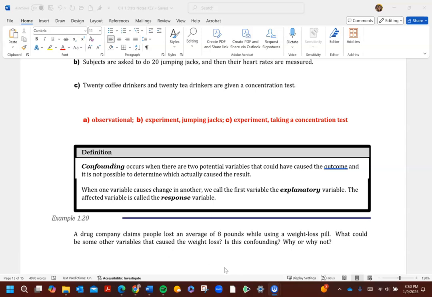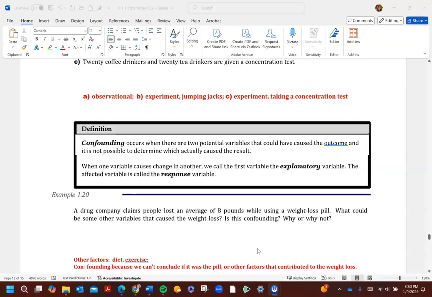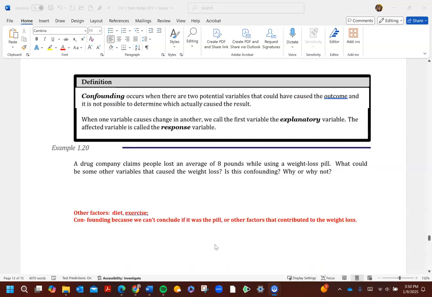There are ways to work within those constraints that studies are done. There's lots of things out there now, but in general, it's pretty hard to tell. So here's my answer. Other factors: diet, exercise. Confounding because we can't conclude if it's the pill or other factors. That's the main thing. And we'll look at ways to combat that.